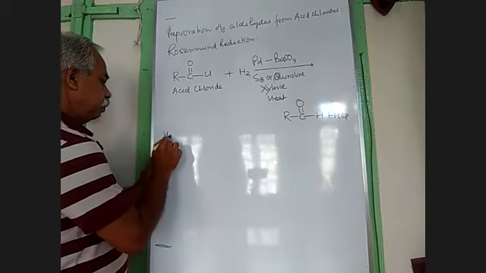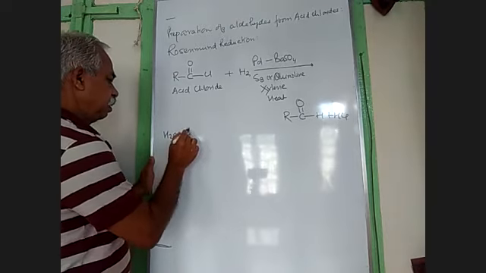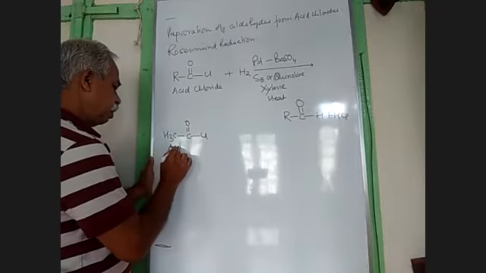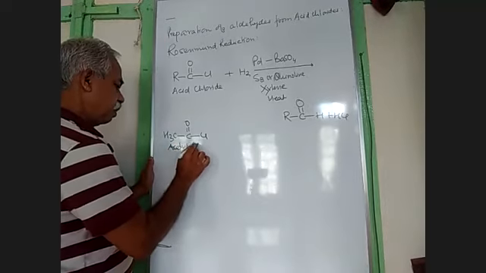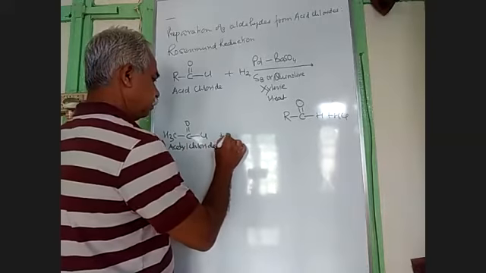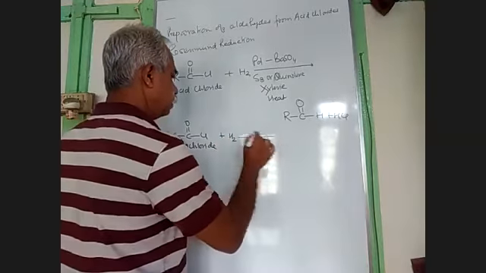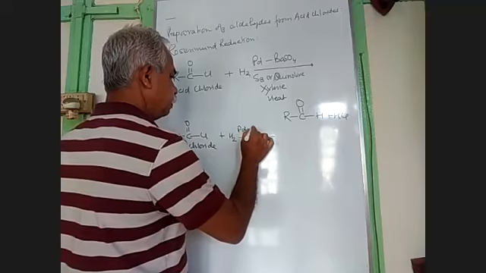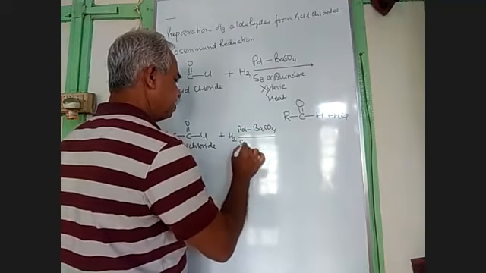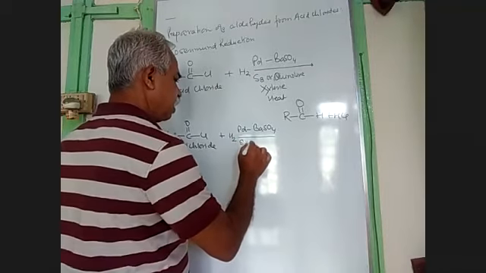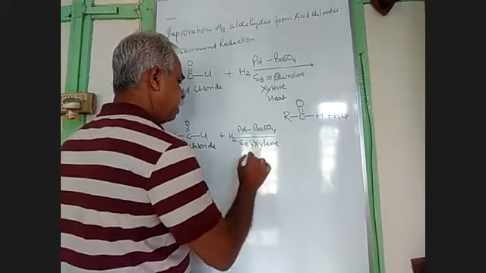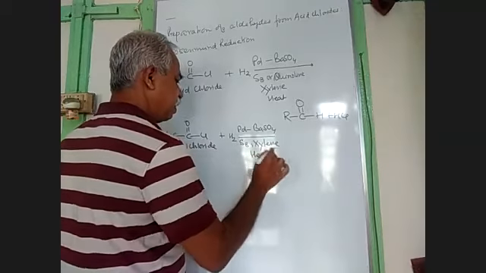So now we'll do CH3COCl. This is called acetyl chloride, plus H2, palladium, barium sulfate. We write here, we will not write quinoline, huh? S8. Then we write here xylene. Then we write heat.